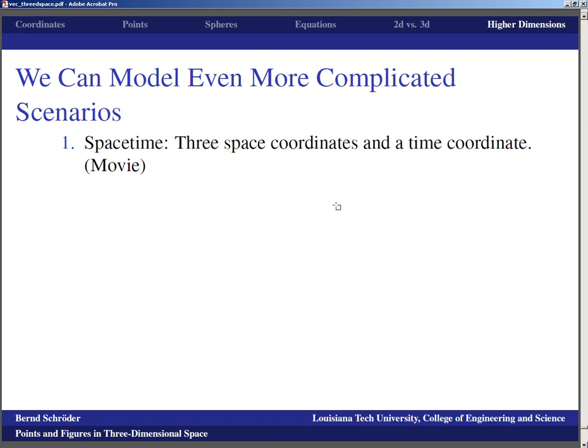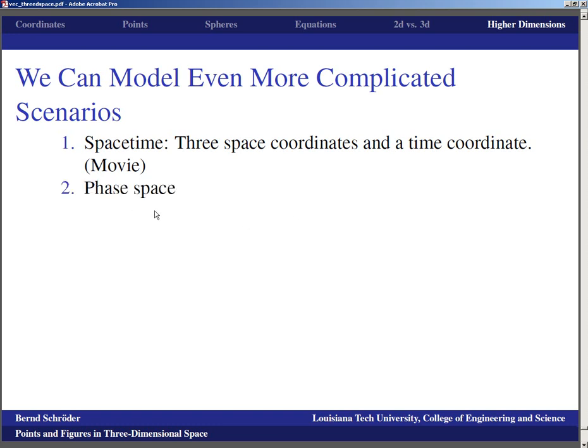Space-time, of course, is typically connected to the theory of relativity in physics, but technically speaking, if we are visualizing something that evolves in time in 3-dimensional space, we're also looking at space-time. It's just space-time at non-relativistic speeds.